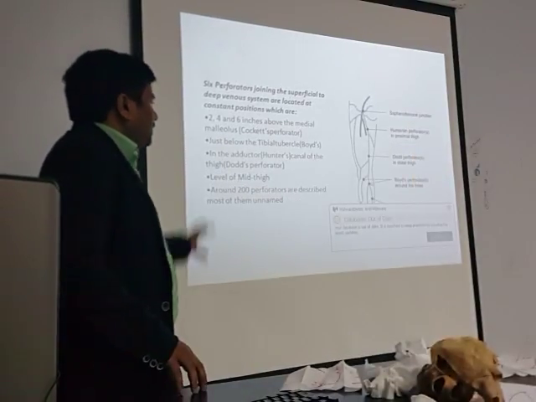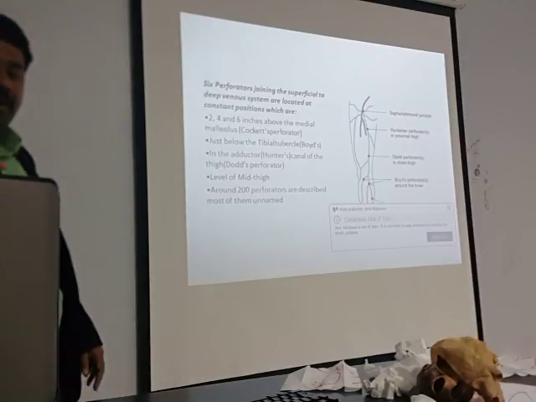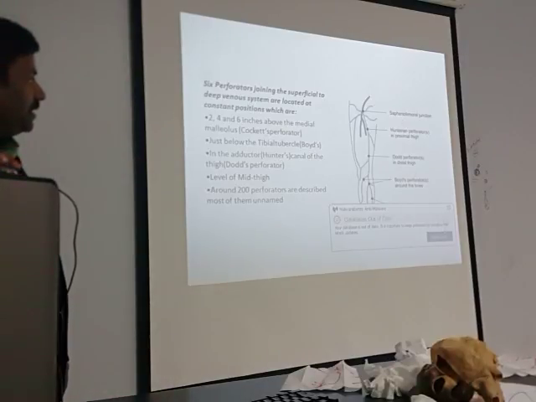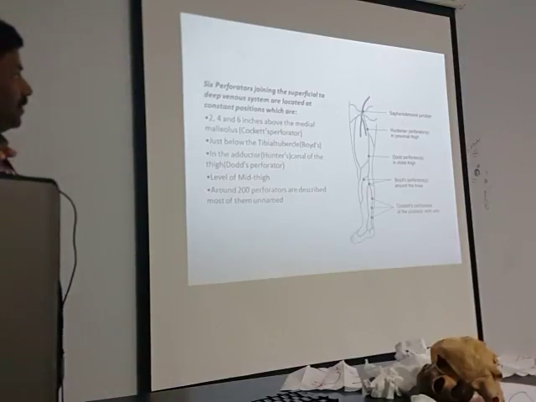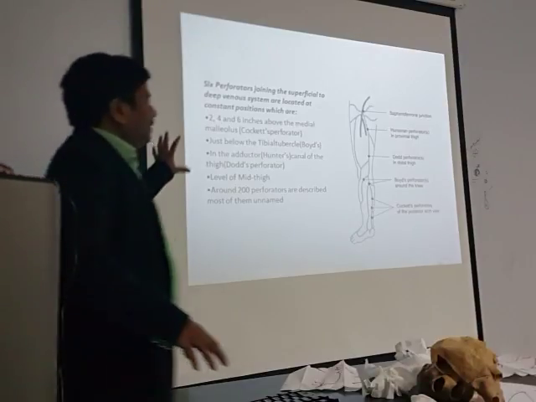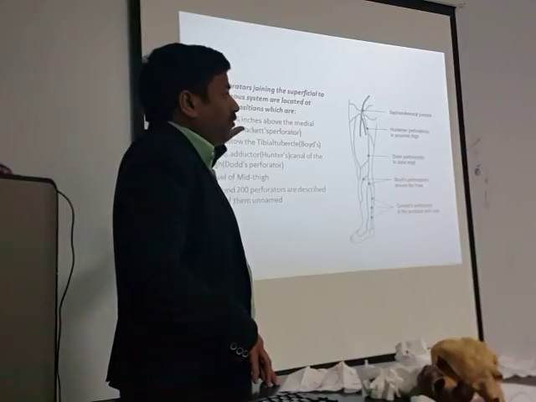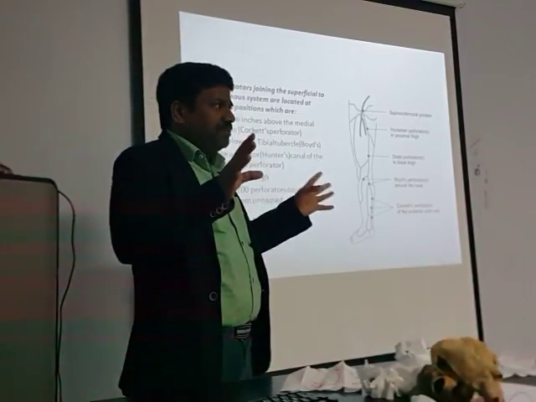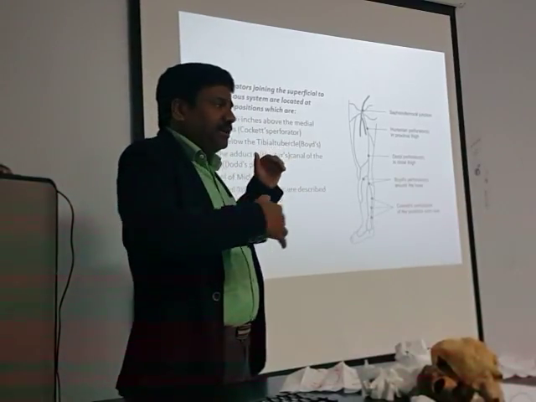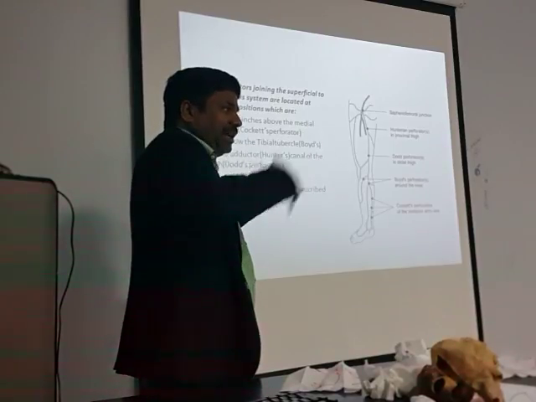Now these are very important sites of perforating veins. This slide explains the position of the perforating veins. There are many perforating veins, maybe 100 to 200, communicating the superficial and deep veins.